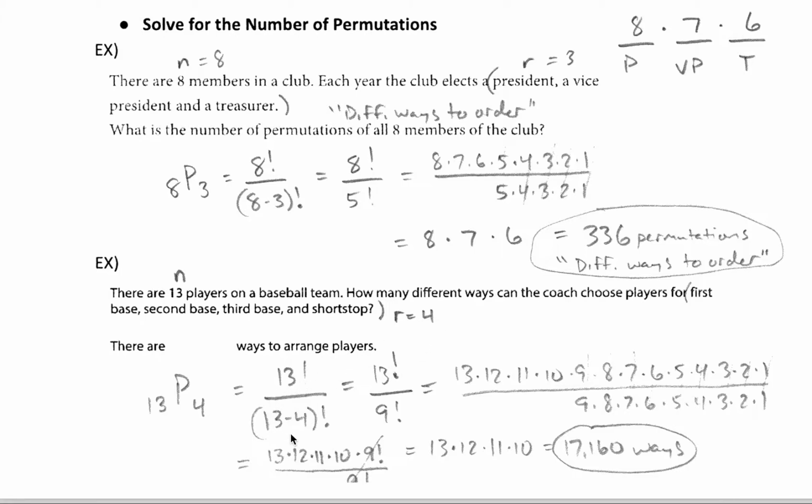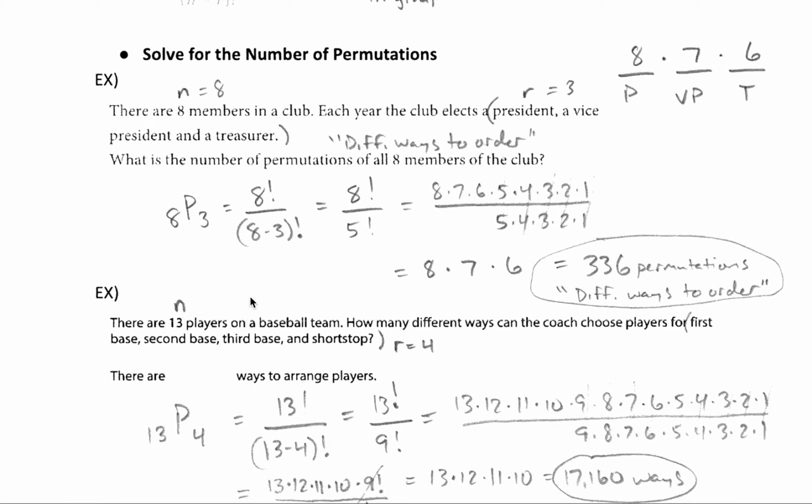So 13 minus 4 is going to give us 9 factorial on the bottom. We could write it all out, or we could know that from 9 factorial beyond, we're going to cancel on top and bottom. So that just leaves behind 13 times 12 times 11 times 10, or 17,160 different ways that we could arrange players into 4 positions if we're choosing from 13 total players.